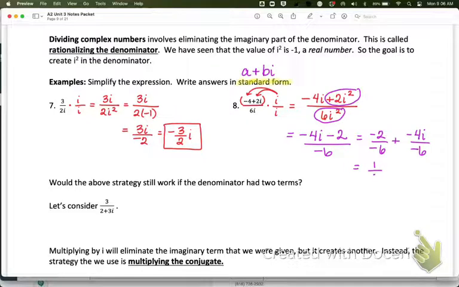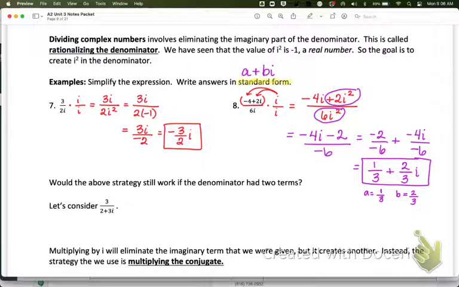So this becomes 1/3 plus 2/3 i. And this would be the answer in standard form. That's important because now I can see a is equal to 1/3 and b is equal to 2/3 when we have that a plus bi form. That's always what we want.